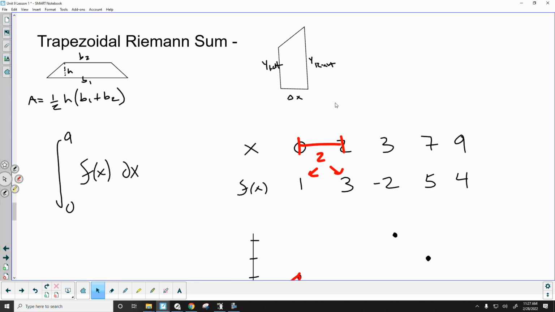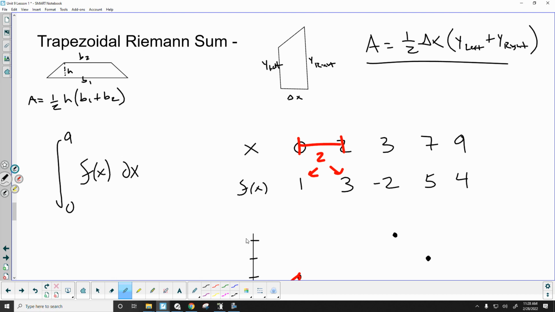Yeah, but I want the generic formula, right? A equals 1/2 delta x times y left plus y right. Cool? This is what we're going to use.